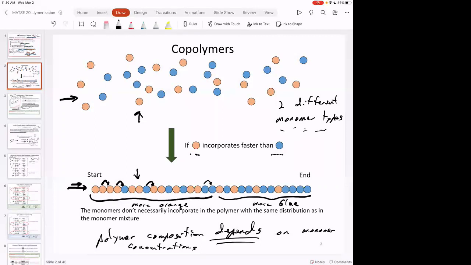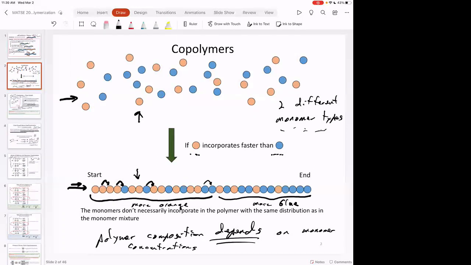And so it's not only sufficient to know how many orange monomers and how many blue monomers you start with. You could have 90% orange monomers and 10% blue monomers, or you could have 50% orange monomers and 50% blue monomers, right?